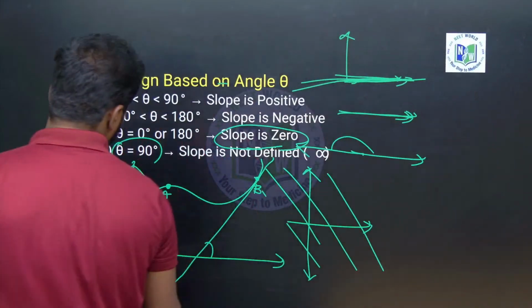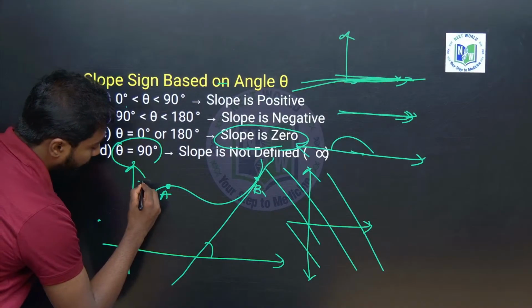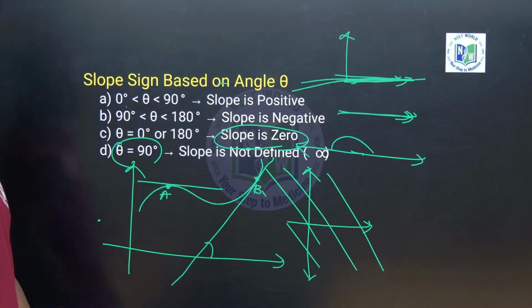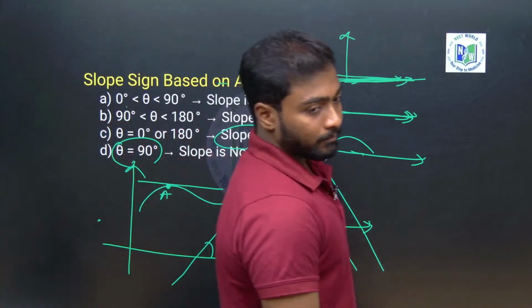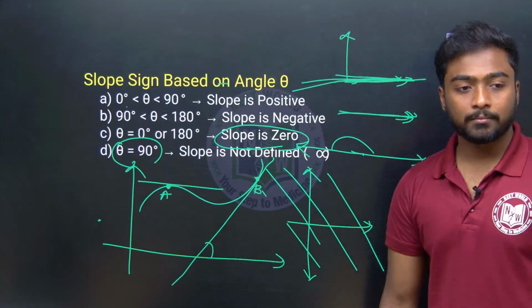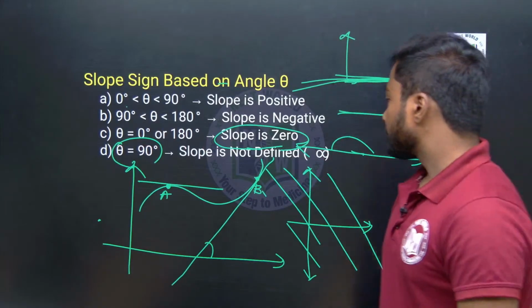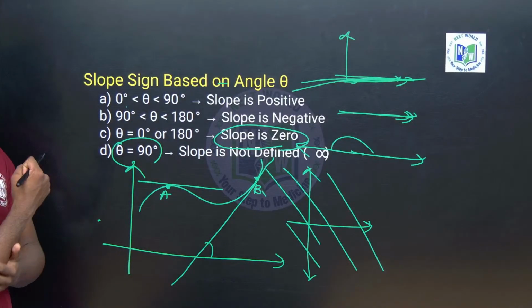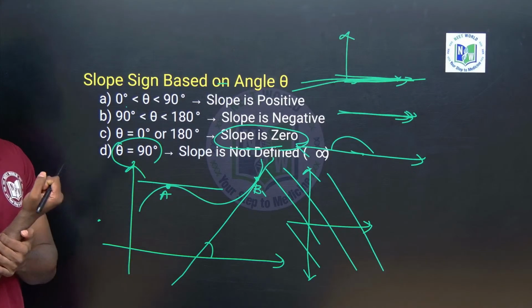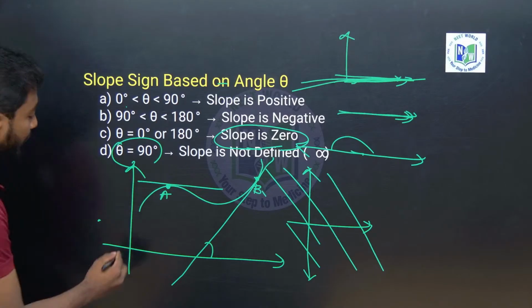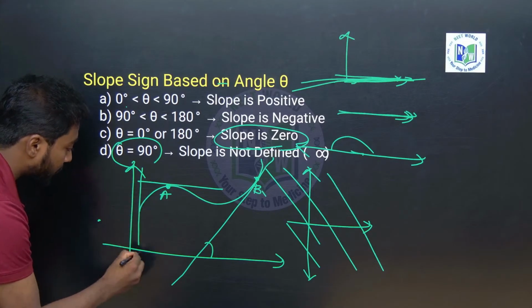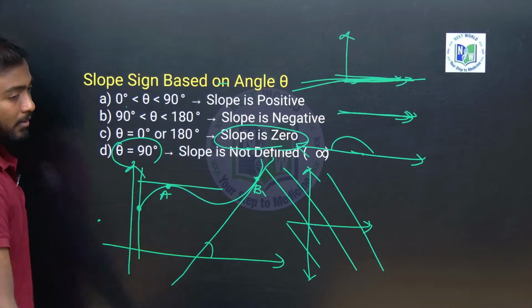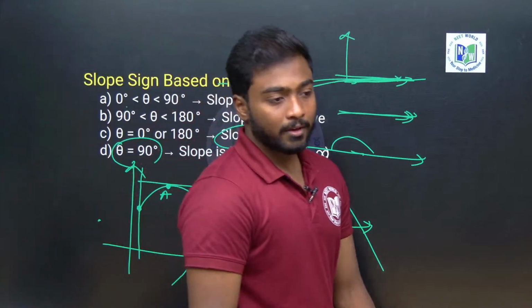Now if I draw a tangent like this, the slope is 0. Hope you understood now how to find whether it is positive or negative or 0 or infinite. If I draw a tangent like this, infinite.